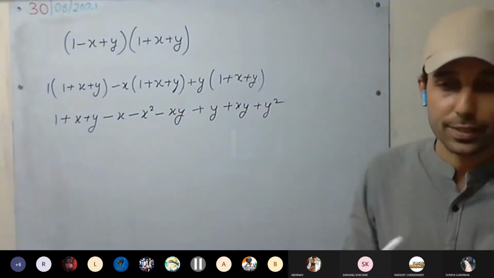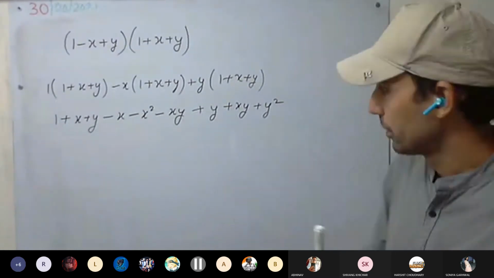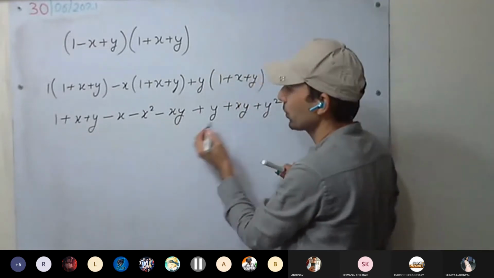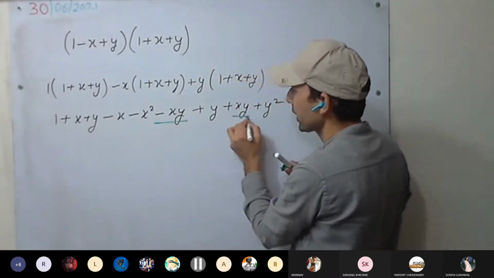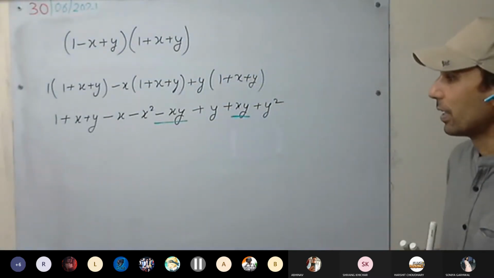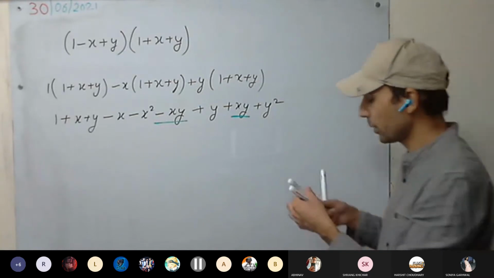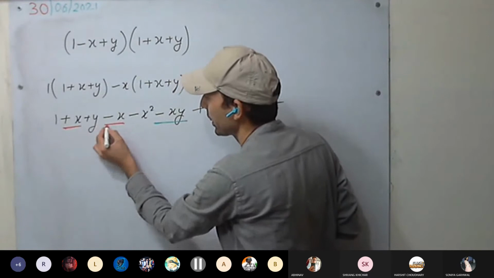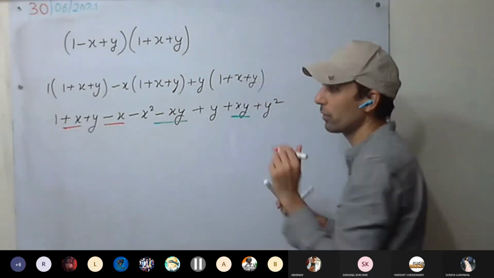Now see which terms are the same, and we can cancel them. This is minus x. Minus xy plus xy. Plus x minus x. Here plus y, so they will add.